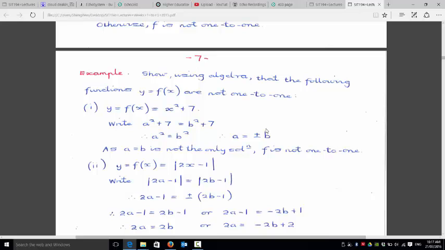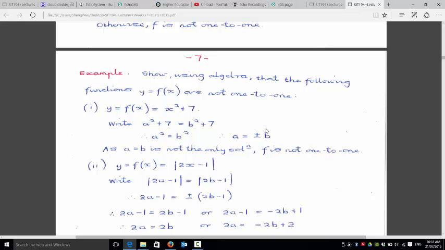If it is, a squared plus 7 will be equal to b squared plus 7. Then we have a squared equal to b squared, and then we have a is equal to b or minus b.